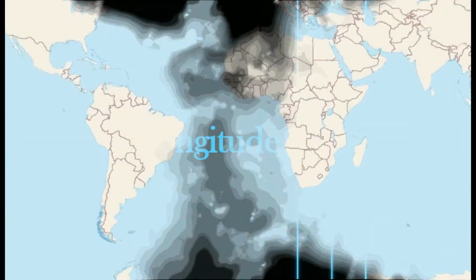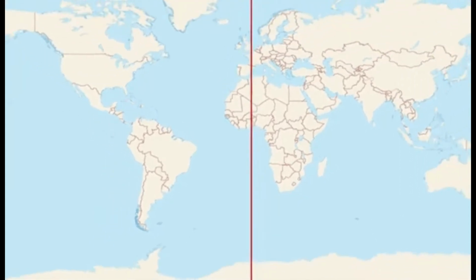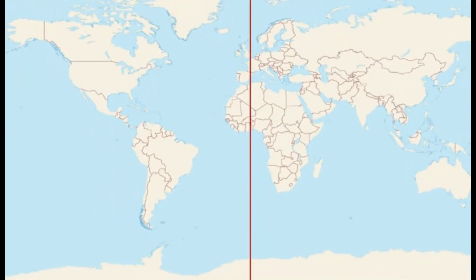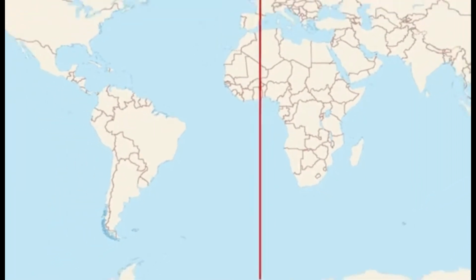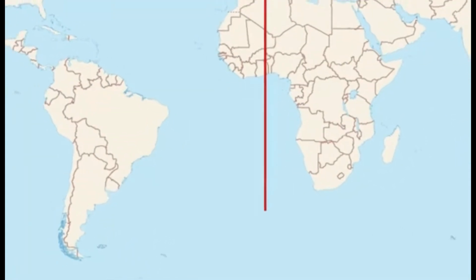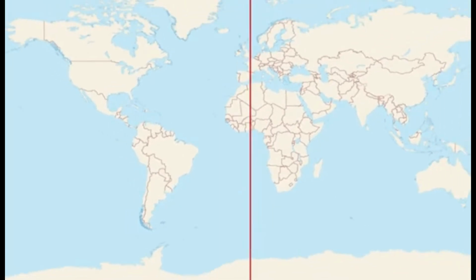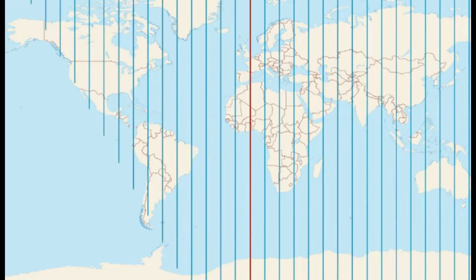The prime meridian is an imaginary line on a map of the Earth. It is the starting point for the measuring system called longitude. Longitude is a system of imaginary north-south lines called meridians.